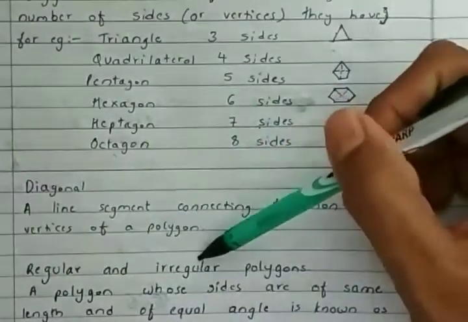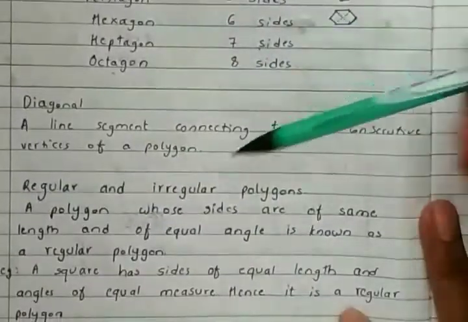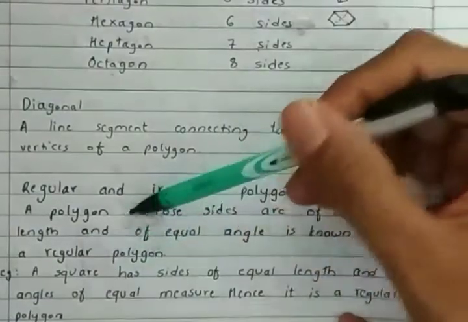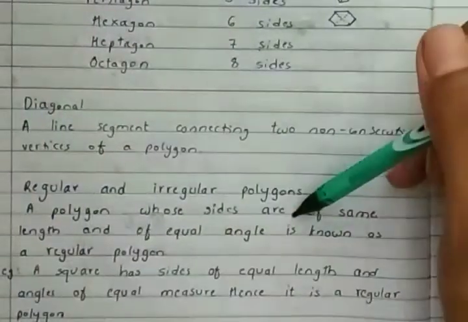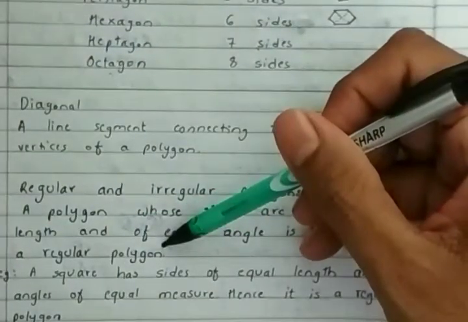Regular and irregular polygons. What are these? You can say a regular polygon when sides are of the same length and angles are also equal. Then it is a regular polygon. Now you take example of this rectangle, okay?